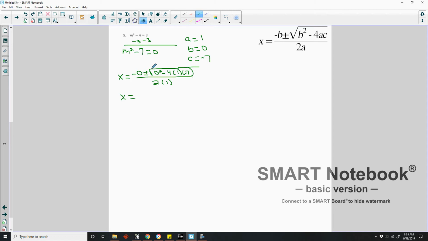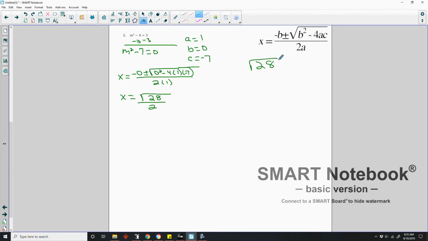So x equals, well, negative 0 is just 0. So plus or minus doesn't matter anymore either, because nothing plus or minus is just that. 0 squared is 0, so we're going to have a square root of 0. Negative times negative is positive. 7 times 4 is 28, times 1 is 28. So this is going to really clean up nicely to the square root of 28 over 2.